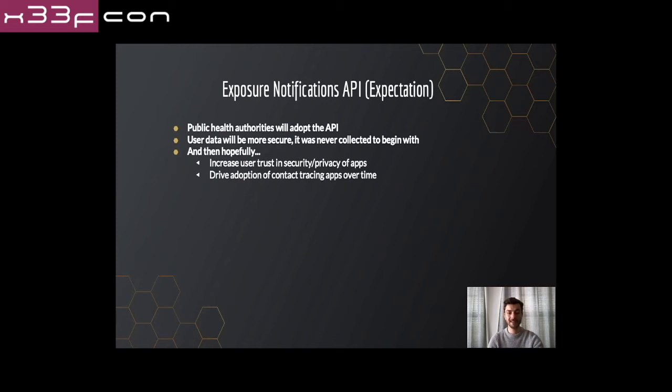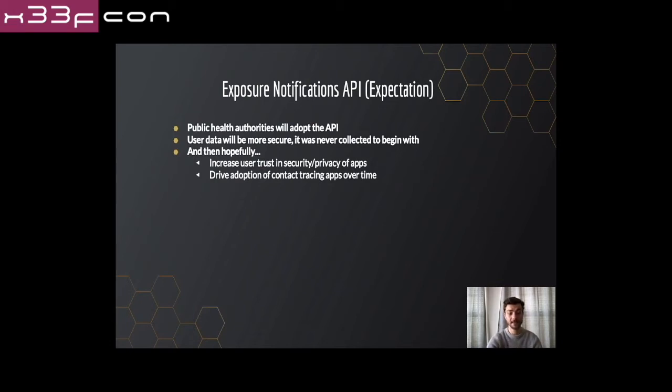So hopping into the actual expectations, Google and Apple clearly had expected that by providing core functionality for developers to actually make secure contact tracing applications using this secure Bluetooth mechanism that they provided in this very convenient API, that health organizations in the majority of the world would actually adopt the API and use it.